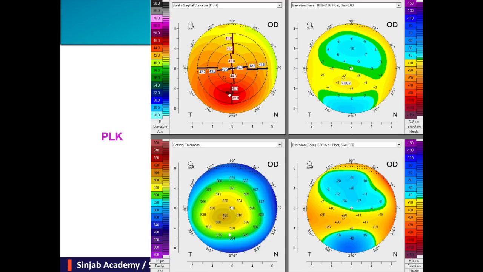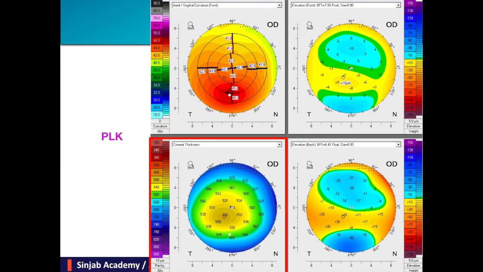In pellucid-like keratoconus, there is an abnormal anterior curvature map and an abnormal posterior elevation map, but the anterior curvature map shows a specific abnormality that is seen with pellucid marginal degeneration. This abnormality is the crab claw, but there is no inferior thinning of the cornea.